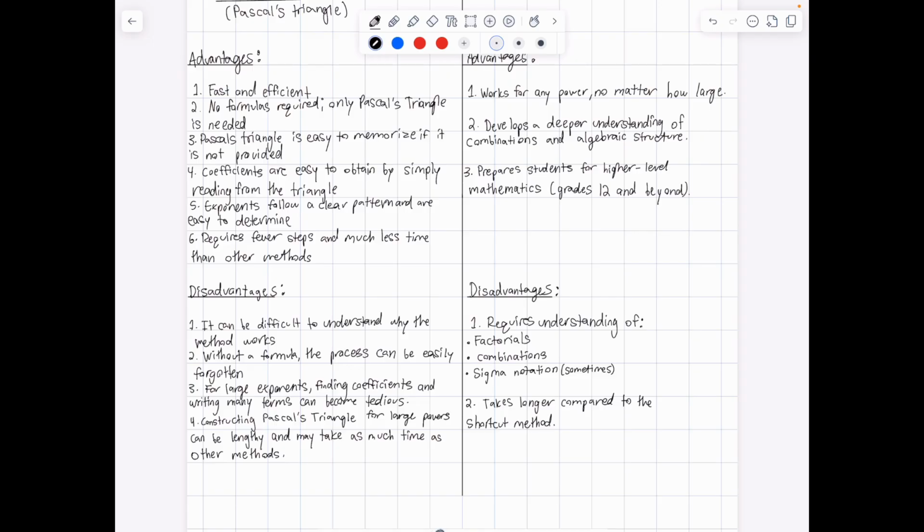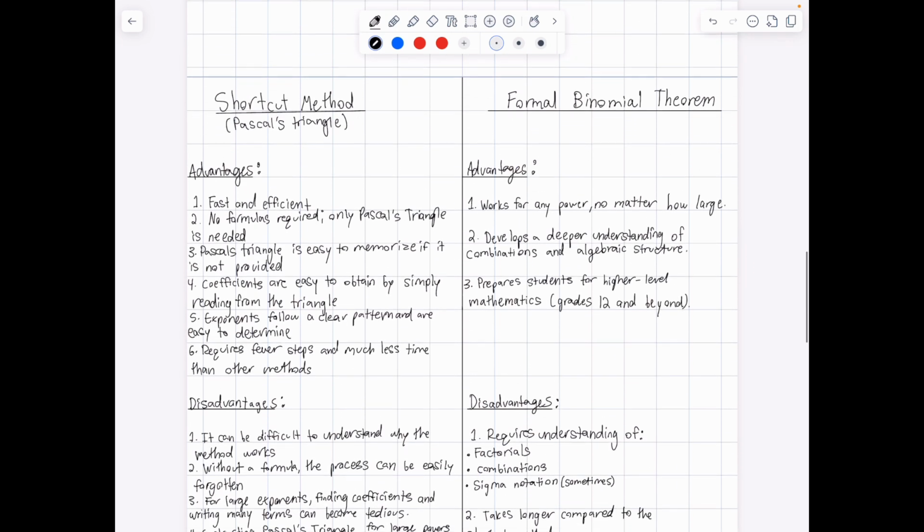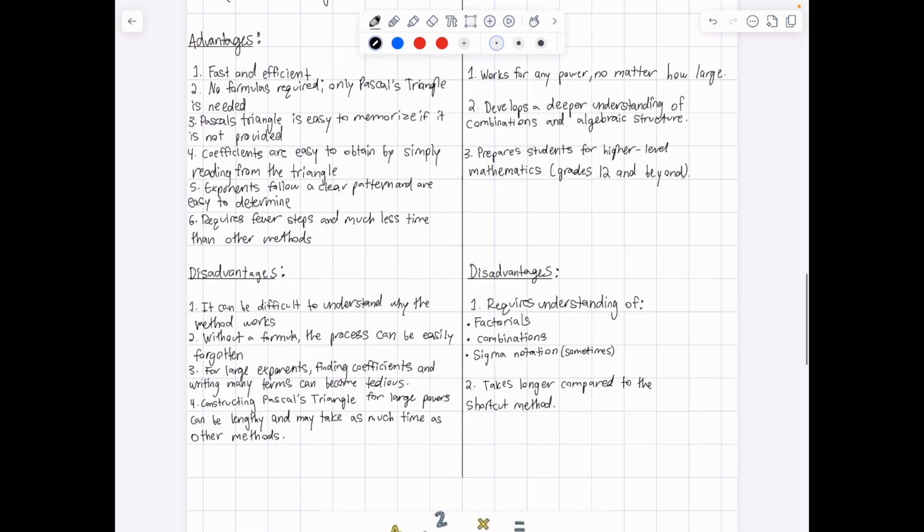For large exponents, finding coefficients and writing many terms can become tedious. And lastly, constructing Pascal's triangle for large powers can be lengthy and may take as much time as other methods. Now, disadvantages of the formal binomial theorem. It requires understanding of factorials, combinations, and sometimes sigma notation. And it takes longer compared to the shortcut method.